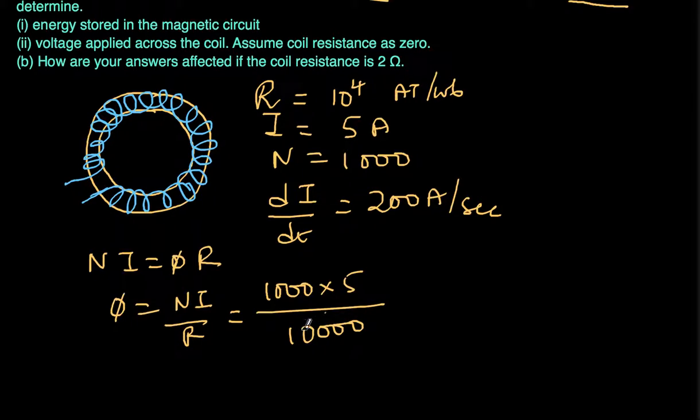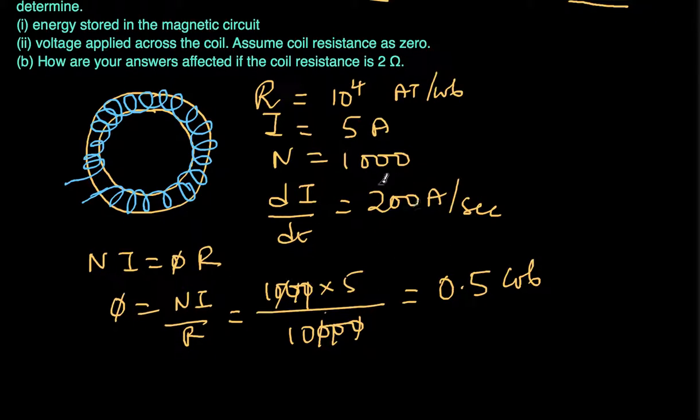So the 1000 will cancel, and 5 by 10 is 0.5 Webers, which is the flux.